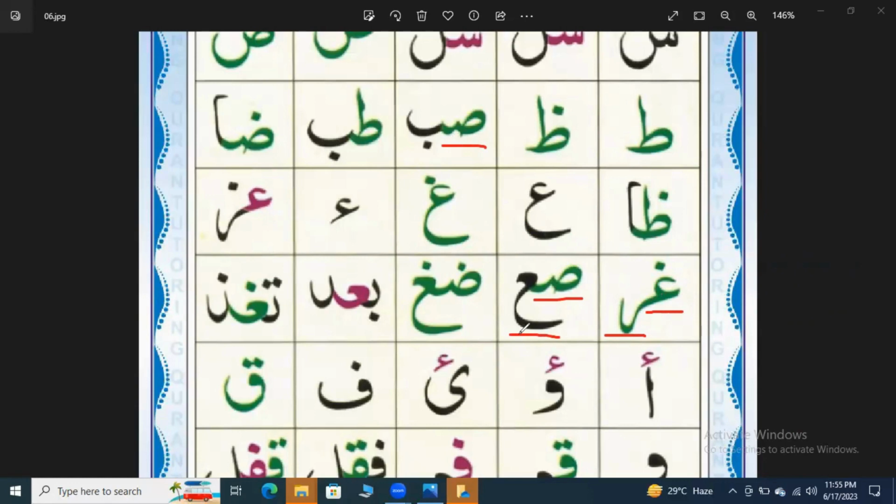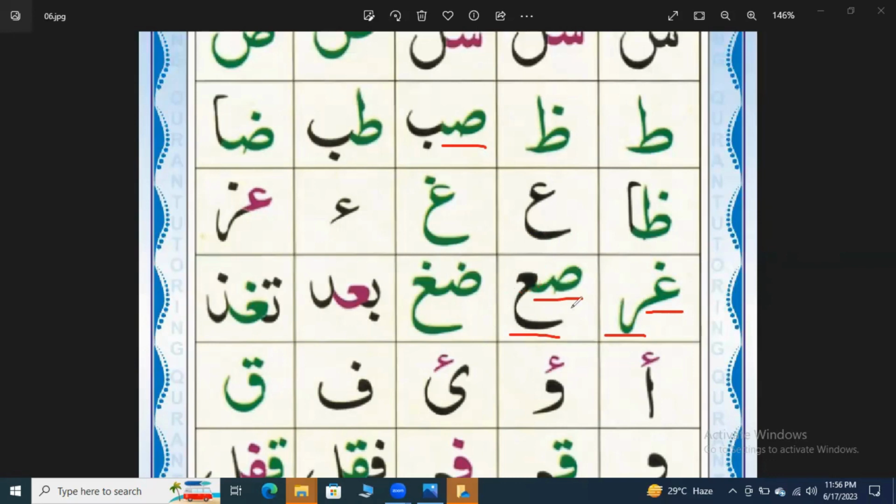When Ain is written in the middle or at the end in combined form, then Ain is written in this shape. Then this part of Ain will be closed.